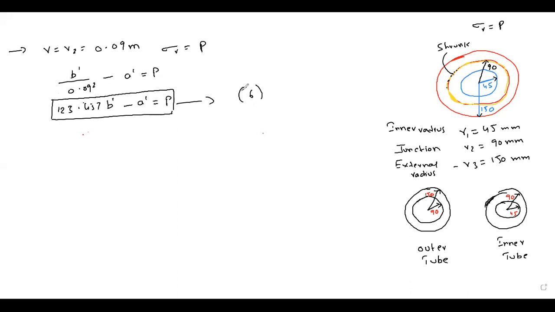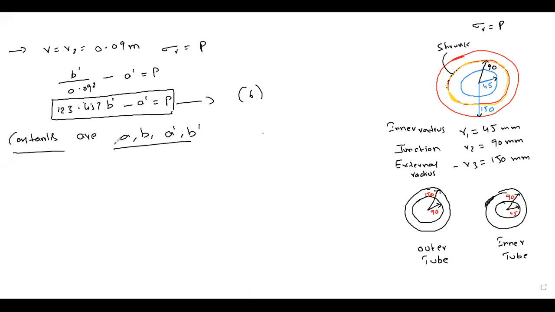Now our duty is to calculate the constants: A, B, A dash, B dash. How do we calculate all these constants?